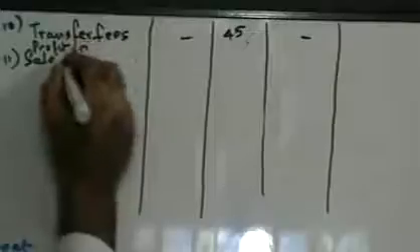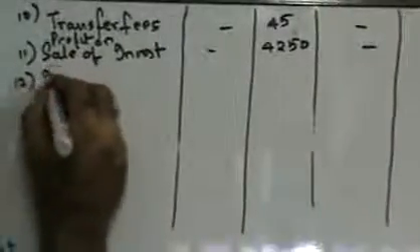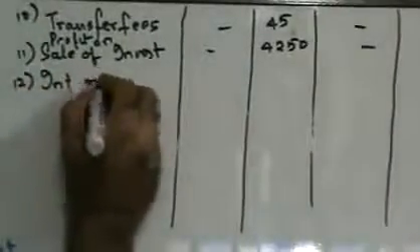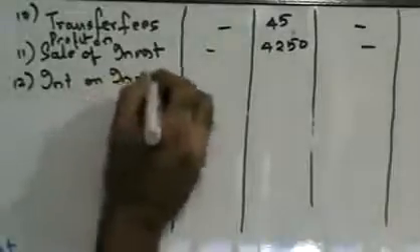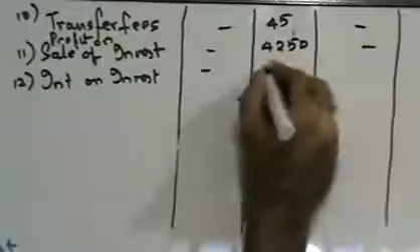Then you have profit on sale of investment. Amount is 4250. Next, you have interest on investment. Again, it's an income for you, therefore P&L account on the credit side. Amount is 9450.